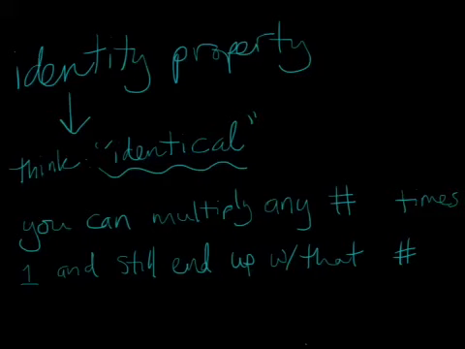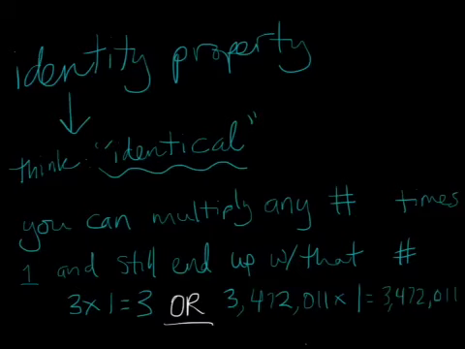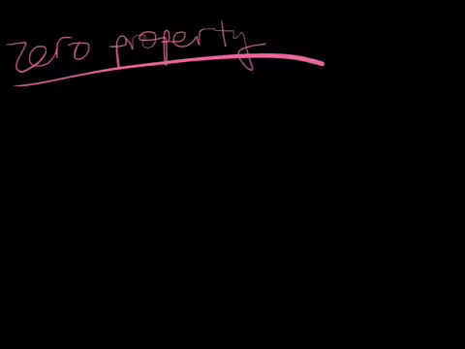That's something that you learned in 3rd grade, but maybe you didn't learn that that is called the identity property. That means that 3 times 1, you still end up with 3. That means that 3,472,011 times 1 is still 3,472,011. Identity property.